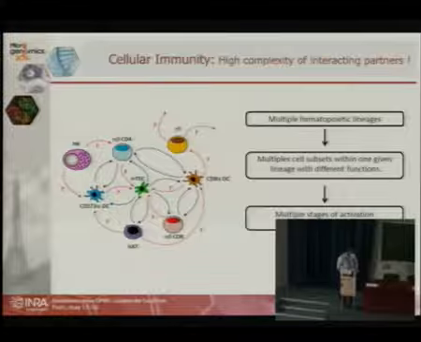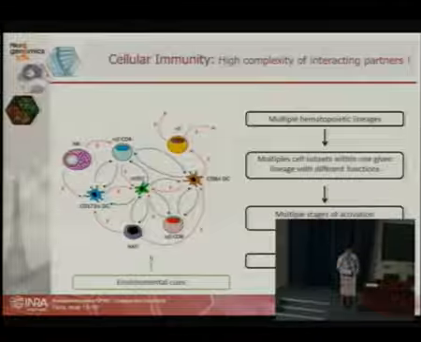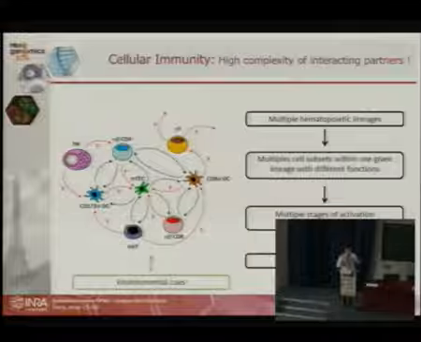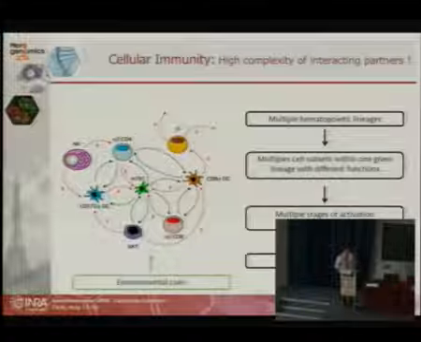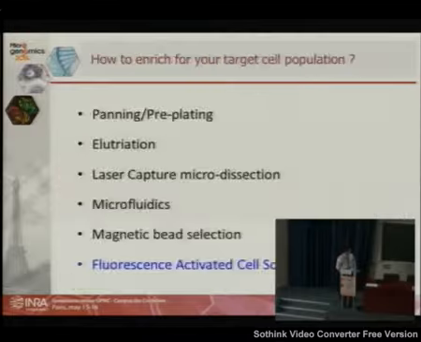And each of these different subsets might have multiple stages of activation, and maybe even a different metabolic stage. And then you have to put the environmental cues into perspective, and that could also change the way your cell is responding. So you have to find one way to actually tackle this high complexity and study your cell.